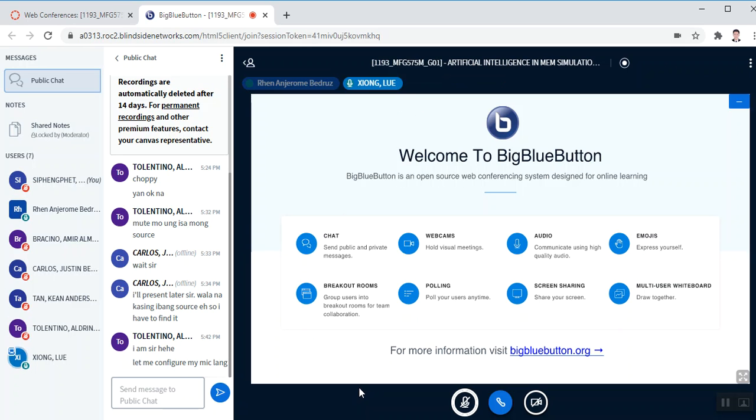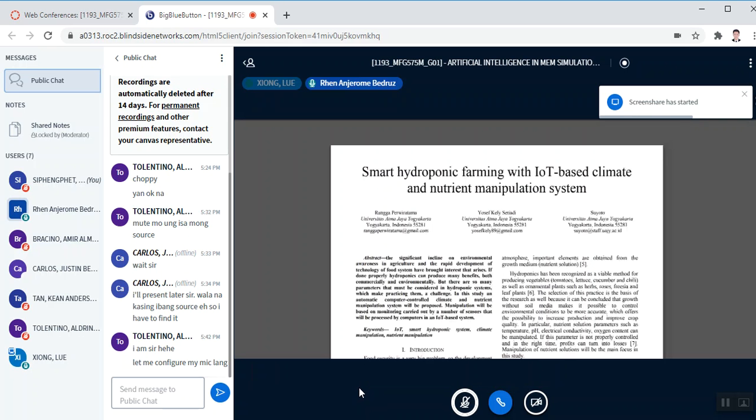Not yet. Kindly configure it again. Okay, right now I got it. Do you see my screen? Yes, it's loading already. Okay, it's already showing.